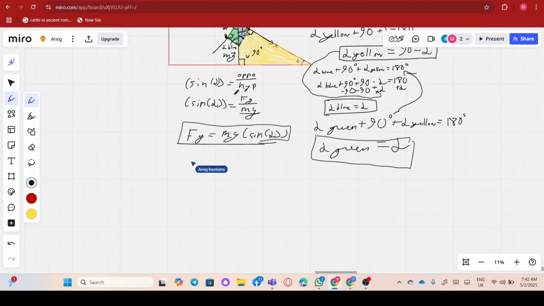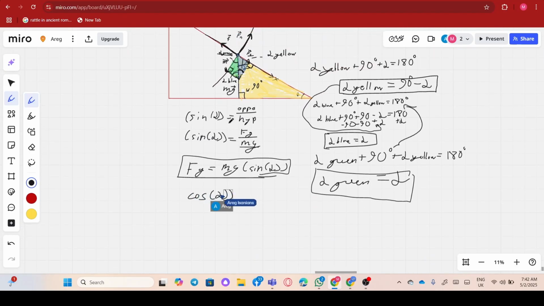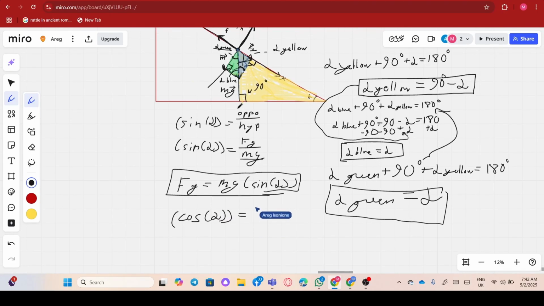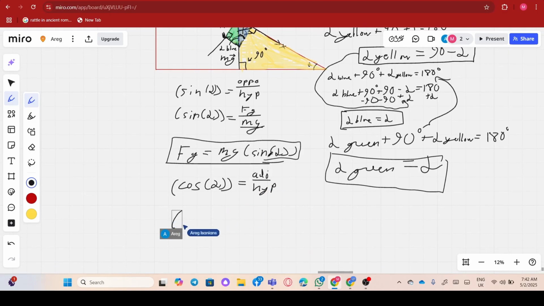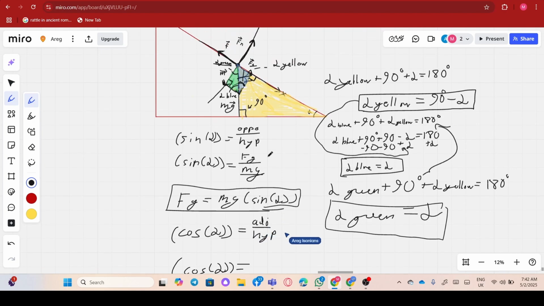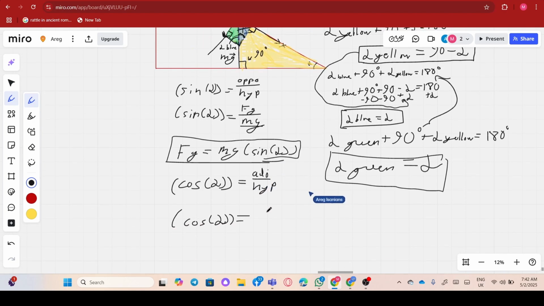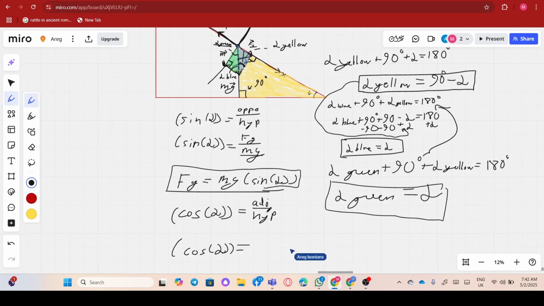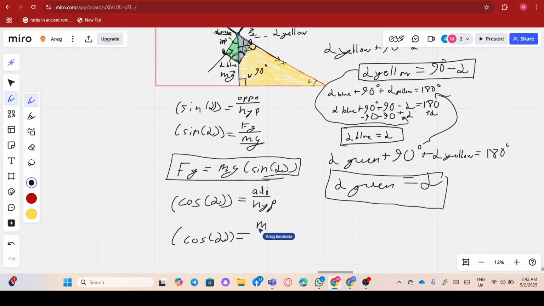So cosine alpha is equal to adjacent over hypotenuse. We denoted the adjacent M, right? So cosine alpha is equal to M over mg.